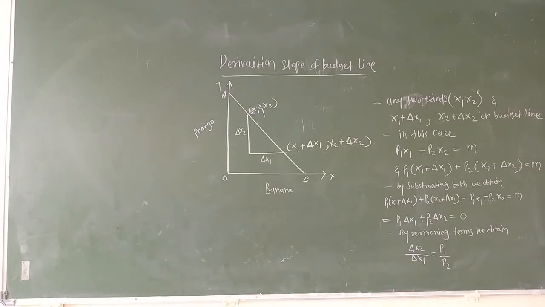In your examination, a 2-mark question may be asked on this concept: give the meaning of the budget line and the consumer's budget. They may also ask a 2-mark question on the differences between the budget set and budget line. That time you should write the answer, explaining the differences between the budget set and budget line with the help of an example. So students, hope all of you understood this concept. Thank you.